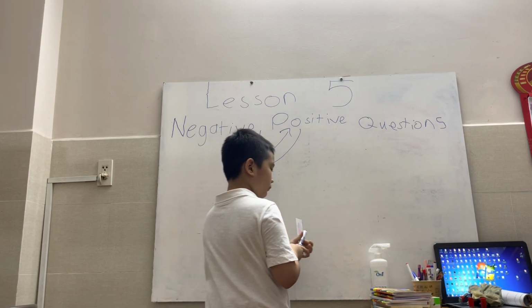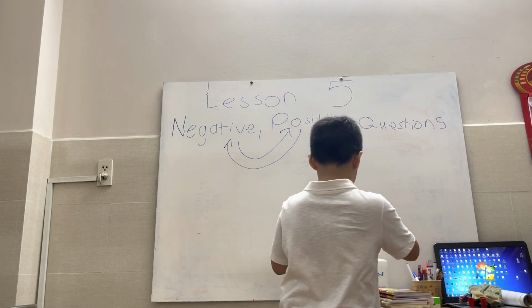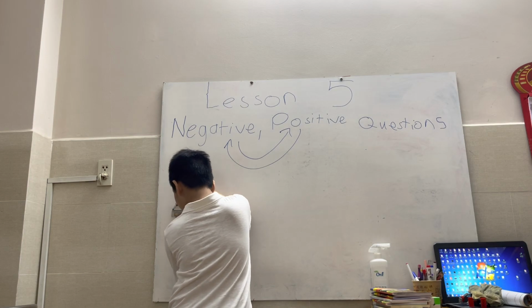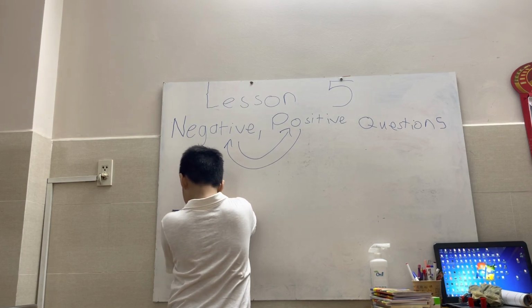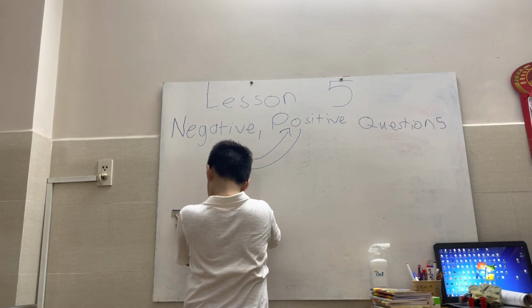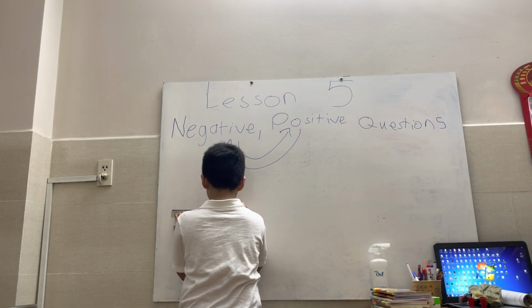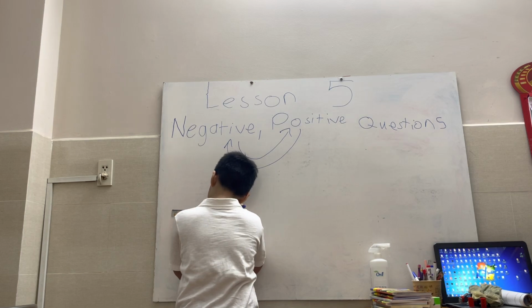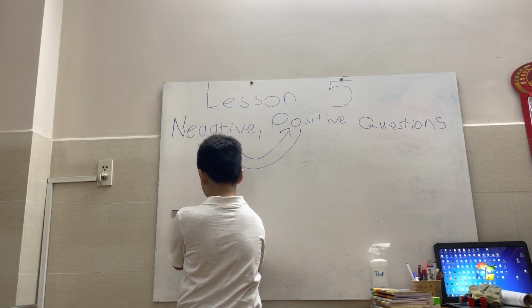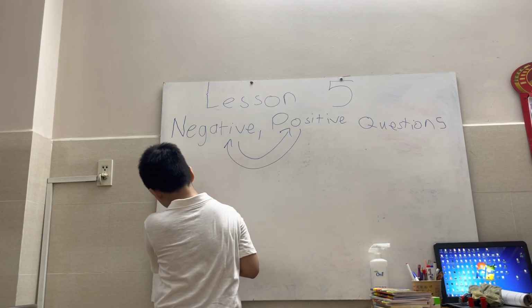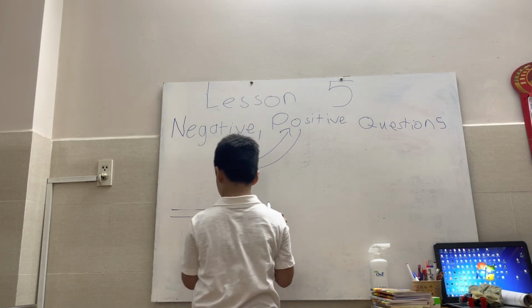First, you need to draw a line. Then you use this and then draw a line down here, here, here.